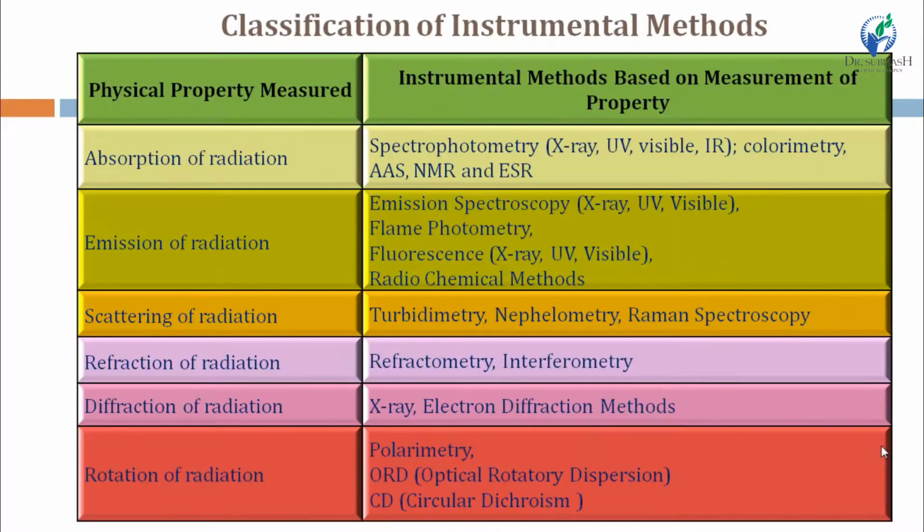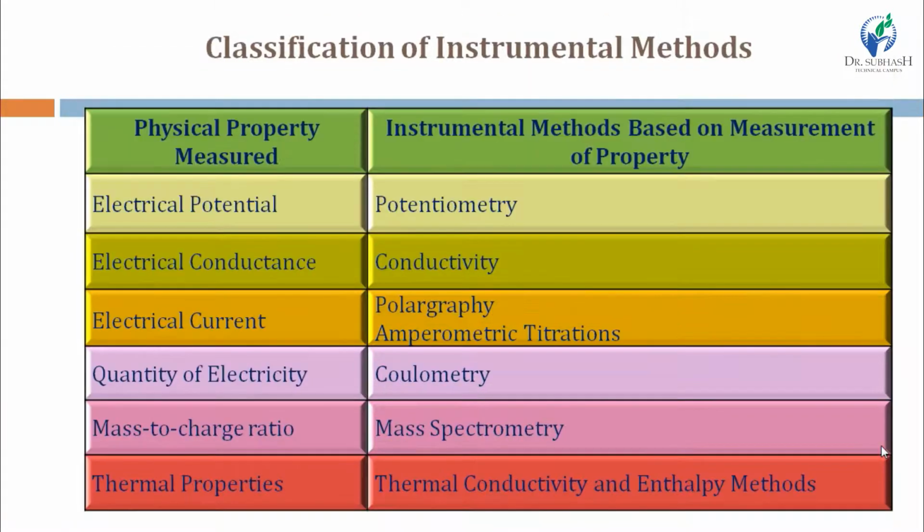These are the physical properties which are measured through various instrumental methods: absorption, emission, scattering, refraction, diffraction and rotation of radiation, then potential, conductance, current, electricity, mass to charge ratio and various thermal properties.